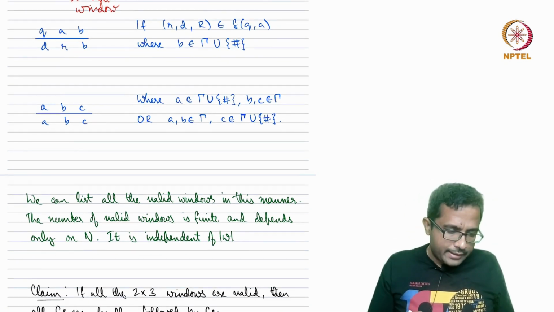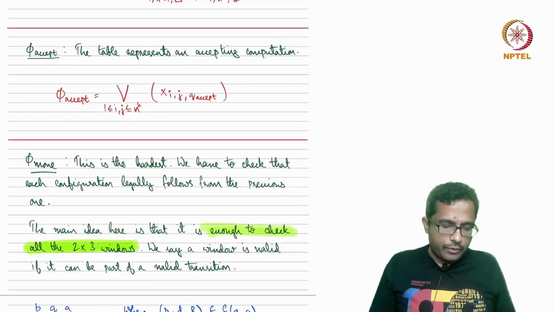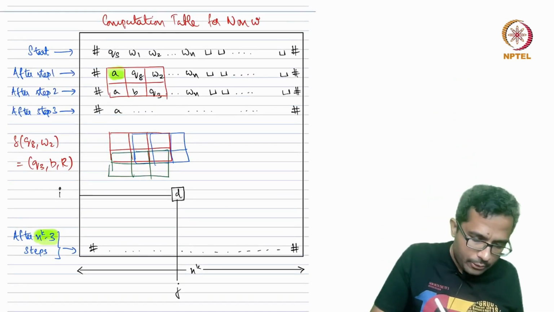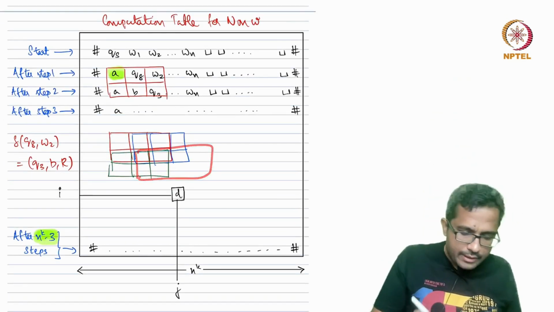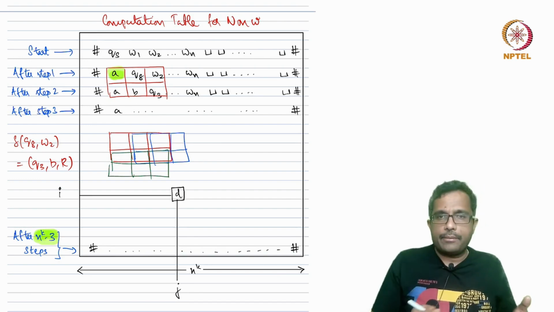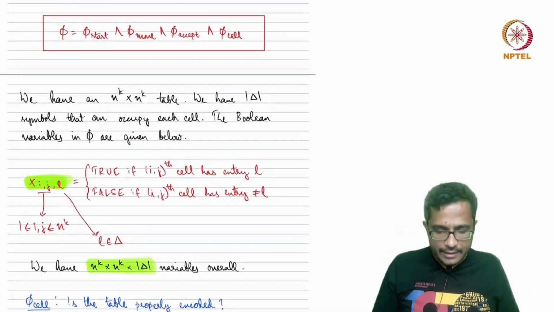So now the point is that it is enough to check all these 2x3 windows. So we will tile, or cover, the entire table using these 2x3 windows. All these cells will get covered by multiple windows because there is overlap. We want all the overlap, only then can we ensure that things are checked thoroughly.